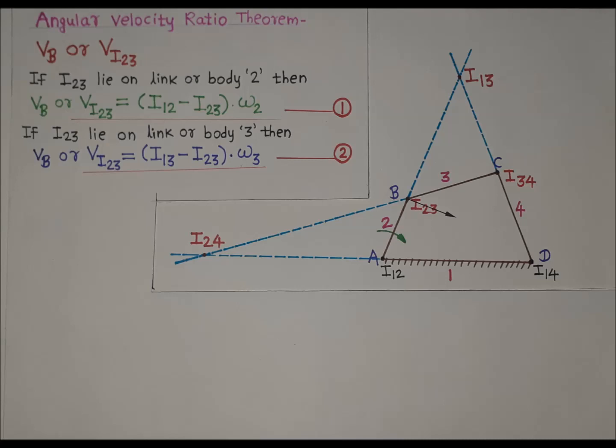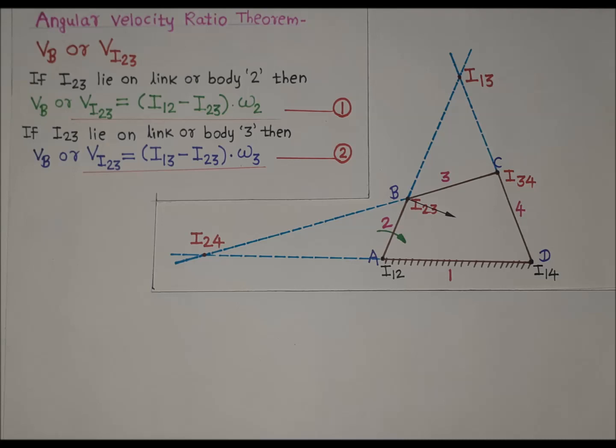Let us say this is equation 2, and VB or VI23 will be in direction perpendicular to I13 I23, as shown on the screen. I23 can lie either on body 2 or 3, as at I23 relative velocity between link 2 and 3 will be 0.